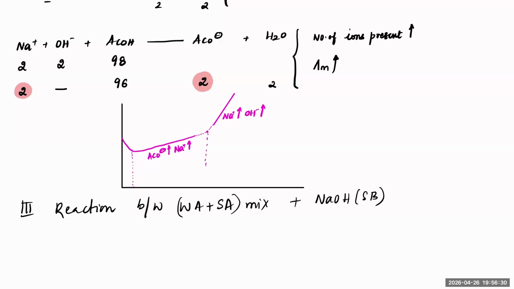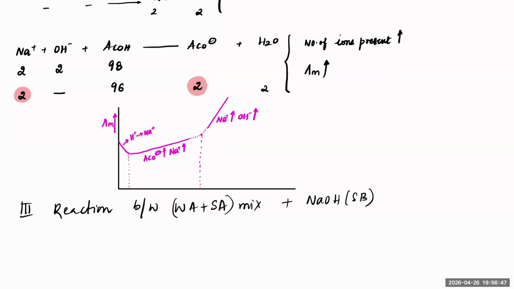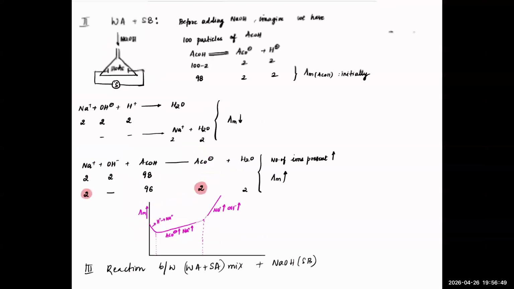Hence, again, conductance increases. So this short decrement in acetic acid, or any weak acid, is because H plus is getting replaced by Na plus momentarily. This is the graph you should notice for weak acid and strong base. Got it?